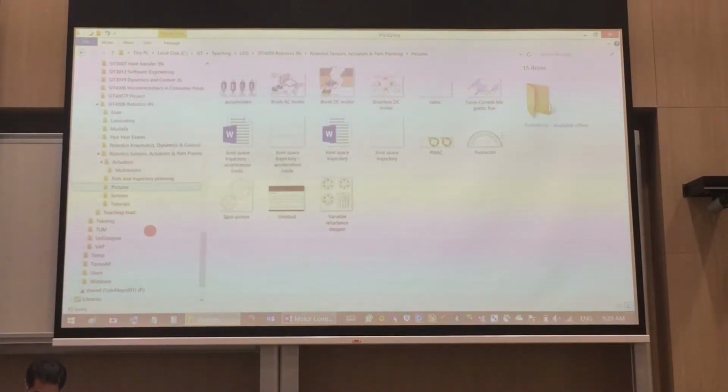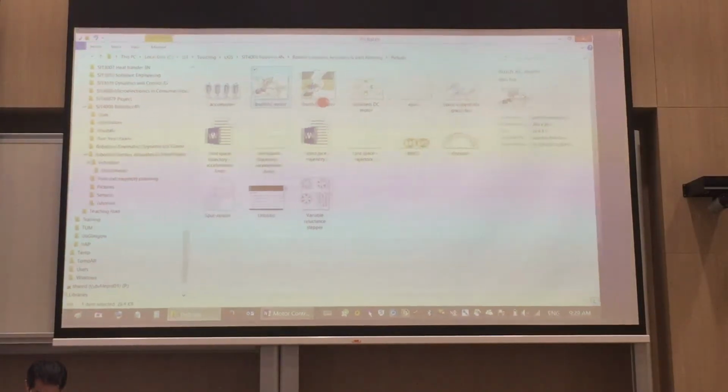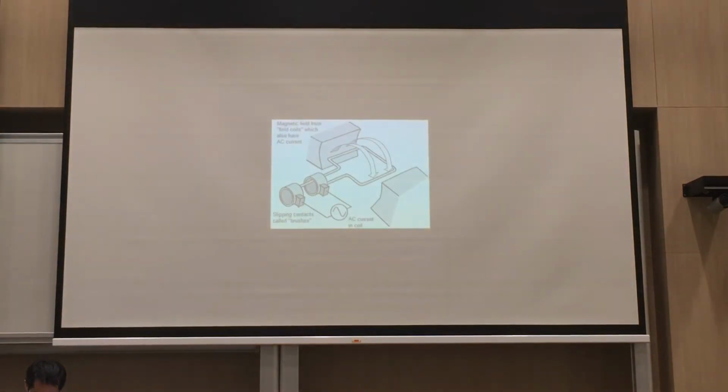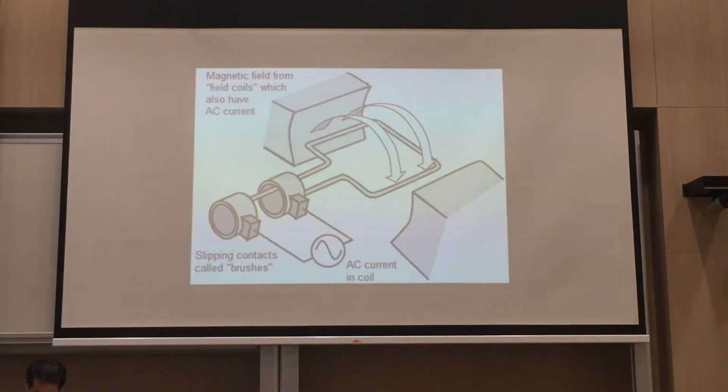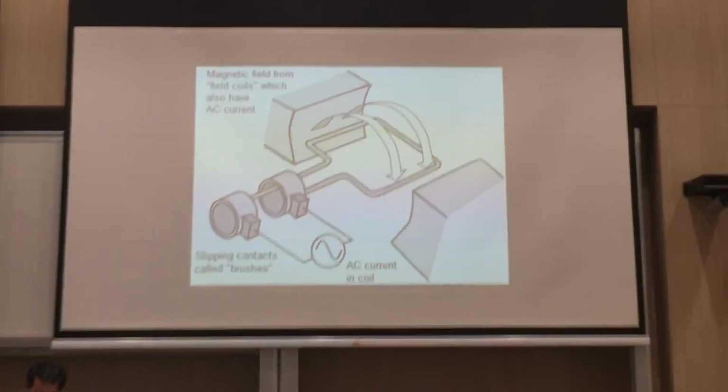Let's see. You can see the construction of this kind of motor with a commutator has two types of commutators over here. Your brushes will be over here, and your brush doesn't move, and your commutator will rotate as the wire rotates.